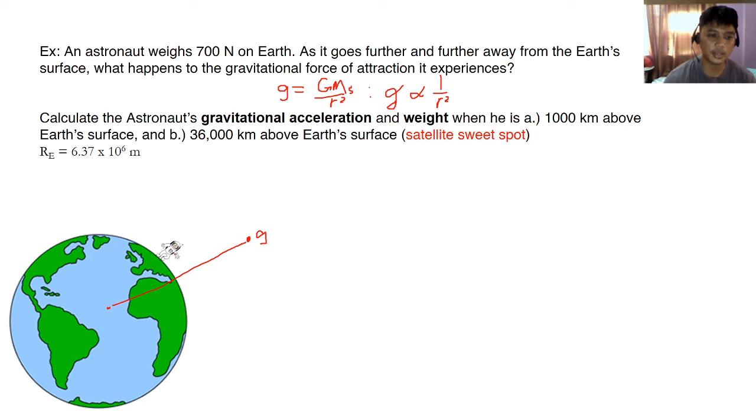So the farther the astronaut is away from the center, the weaker the gravitational field strength. And in fact, the factor is inversely proportional to the square. So I want you to solve this problem in your notes, and I will collect that solution later.